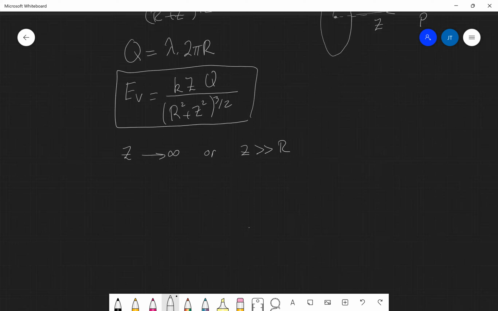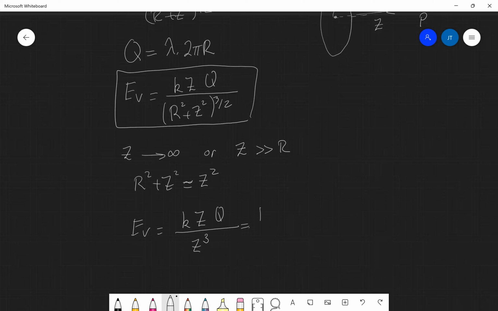Does this equation reduce to the electric field of a point charge a distance z away? Well, let's see. Since z is much, much bigger than R, then R squared plus z squared is approximately z squared. Again, z is going to infinity; I'm so far away from the ring. So now what's the E vertical? kzQ over, now R squared plus z squared is z squared, and z squared to the 3/2 is z cubed.